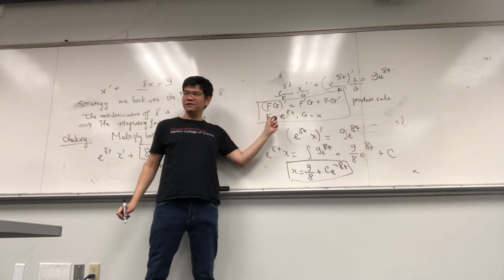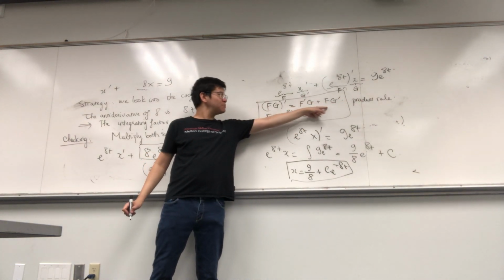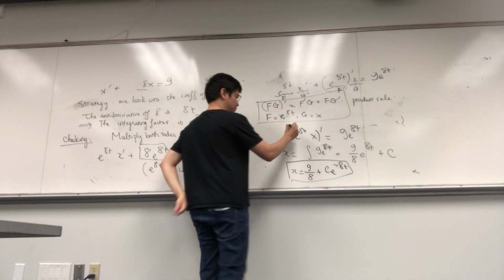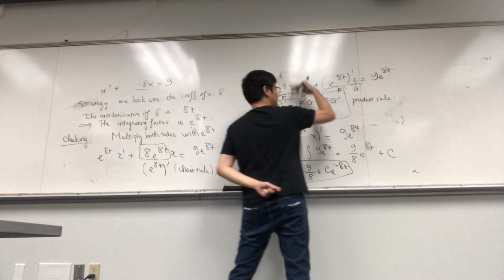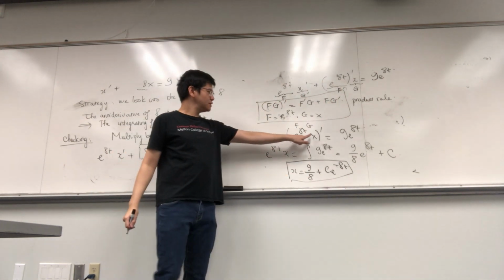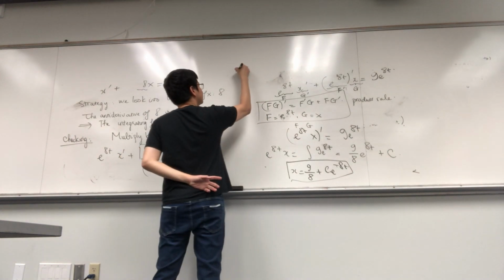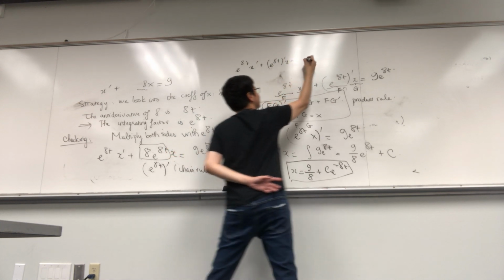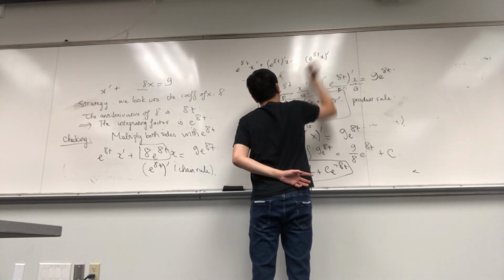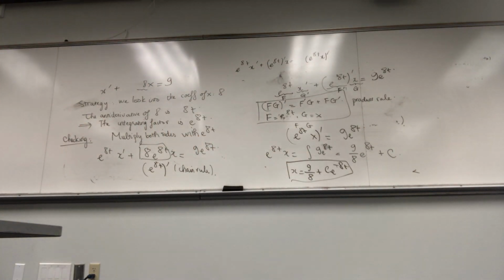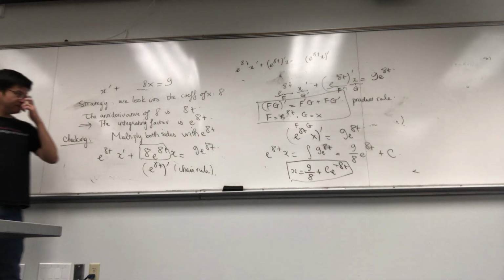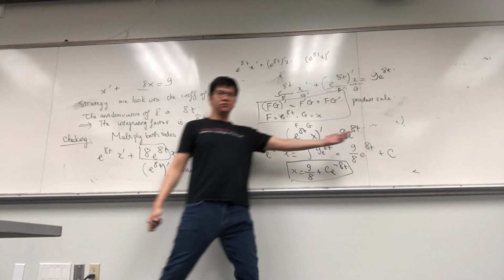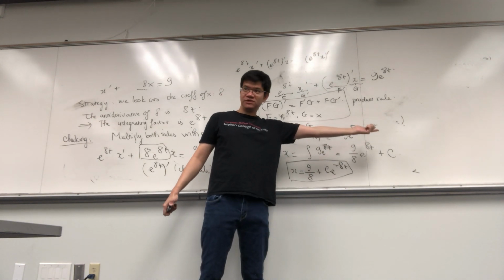The whole thing here will be fg prime. So e to the at x prime plus e to the at prime x gives me e to the at x prime. That's good, right? So here this is the product rule, and after you have this, you can solve by integrating both sides.